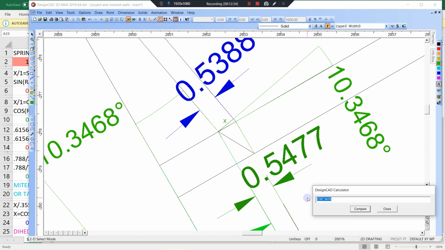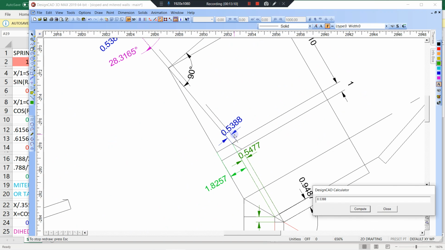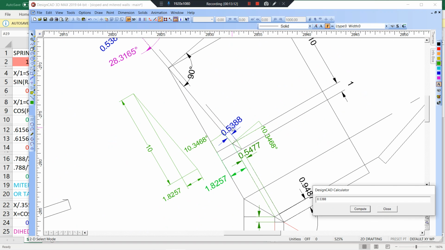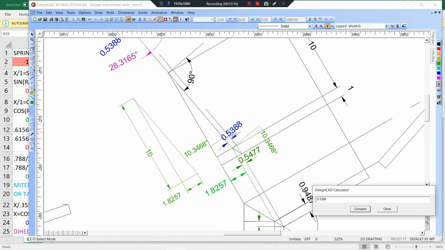Let's see, so cosine of 10.3468 close parenthesis is equal to X divided by 0.5477, and then we're going to take that, multiply the times 0.5477, must have missed a decimal place, delete, and that'll give us the 0.5388. 0.5388, that's how you get that. And then so now we have, that's the 0.53.